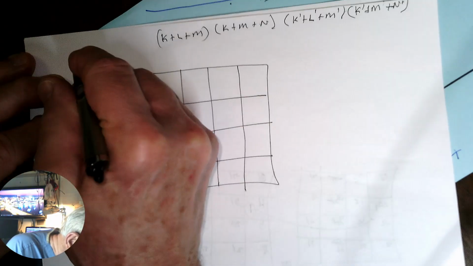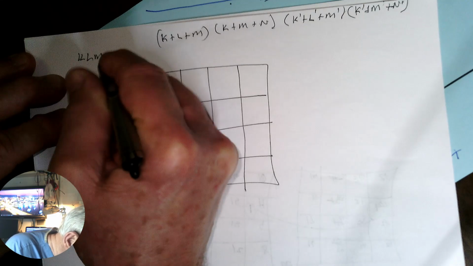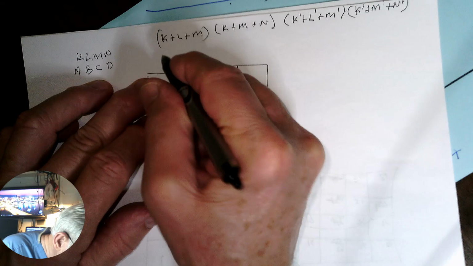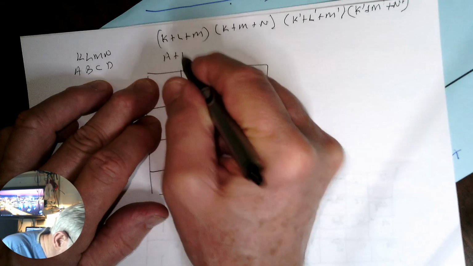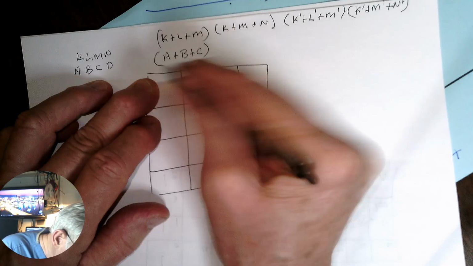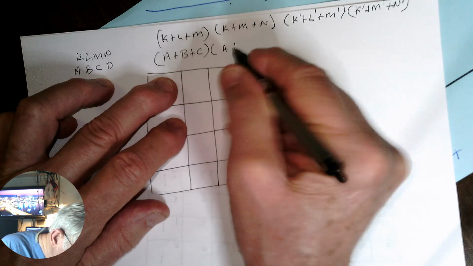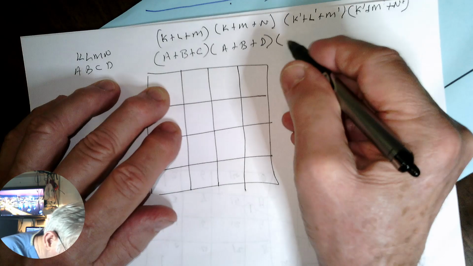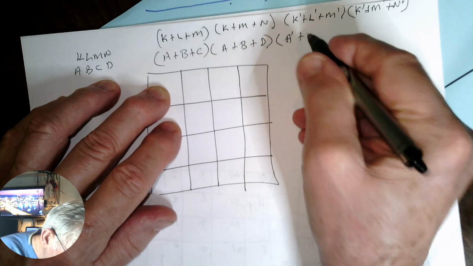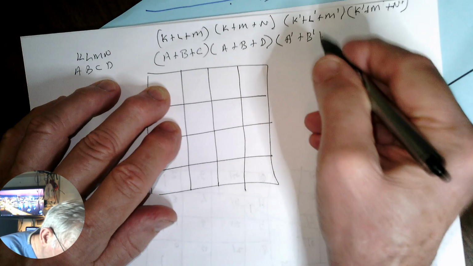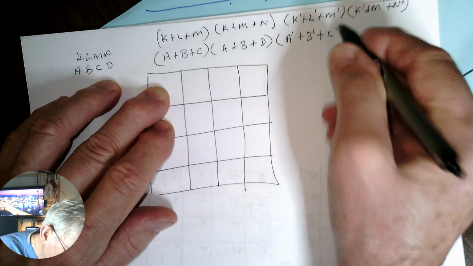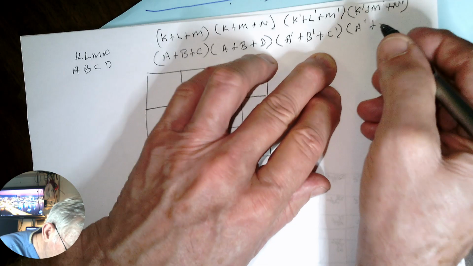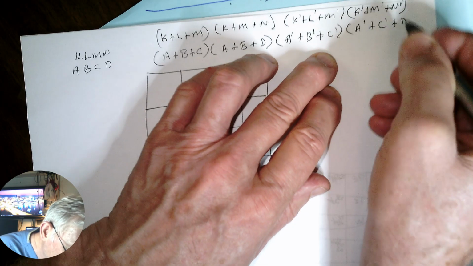So K, L, M, N just equals A, B, C, D. This is going to be A plus B plus C times A plus B plus D times A prime plus B prime plus C prime times A prime plus C prime plus D prime.